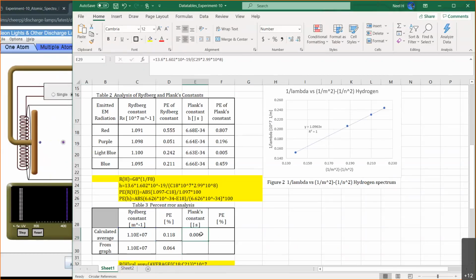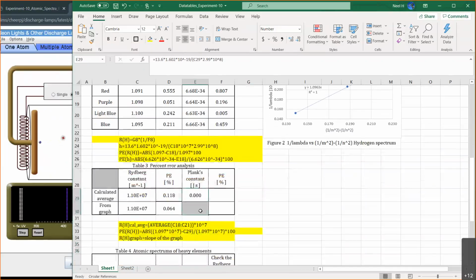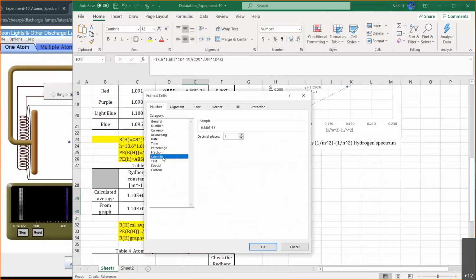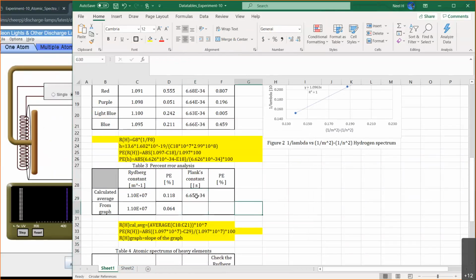If it shows you 0, which means it's too small a number, so I have to reformat these two cells into scientific format. Scientific, one number, two decimal places, then it will show you the number. Okay.